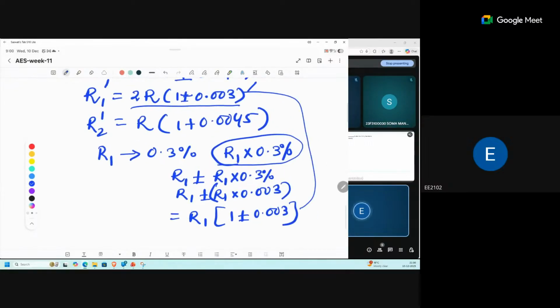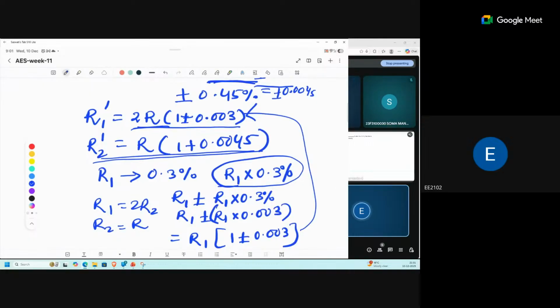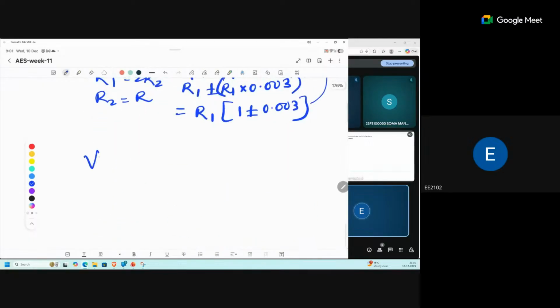I have written this in the form of R, taking R1 equal to 2R2 and R2 equal to R. That's why I have written this. Is it clear? Yes, ma'am. Similarly, I can write R2 also. Now you have to substitute in your V out.